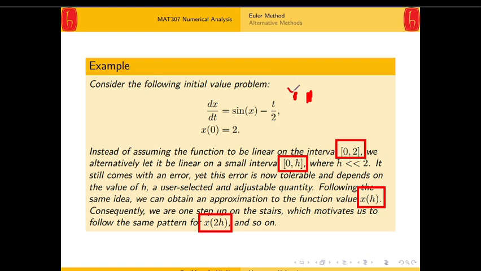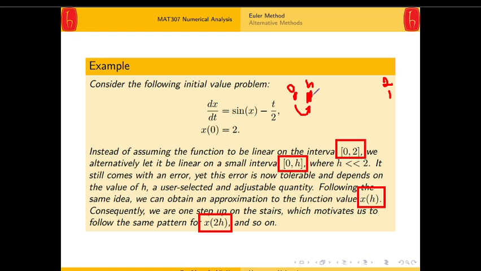Because say this is 0 and the original initial value, and say this is 2, we basically jump on this interval as h increments. Okay, so we have the function value at this point, but using this linearity argument we can find the solution at this point.